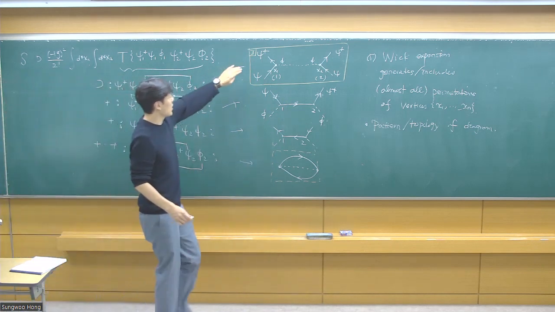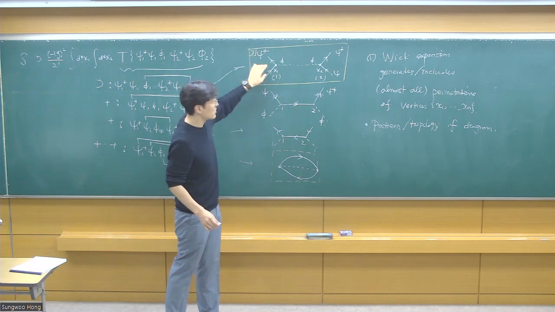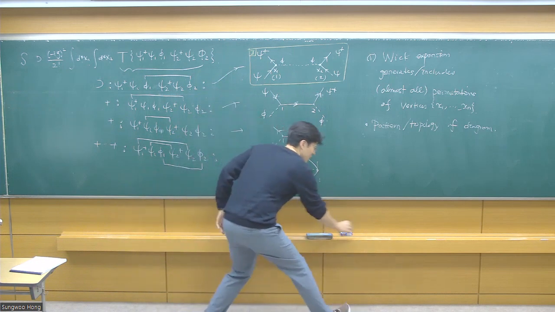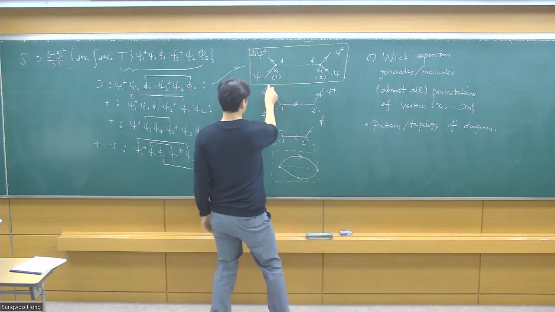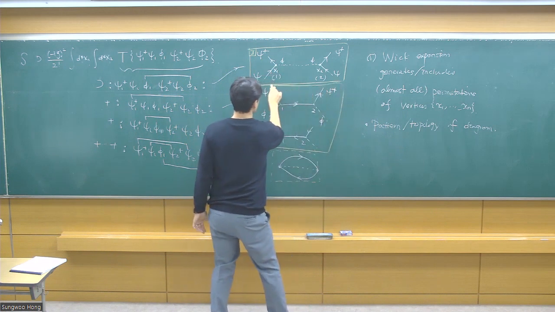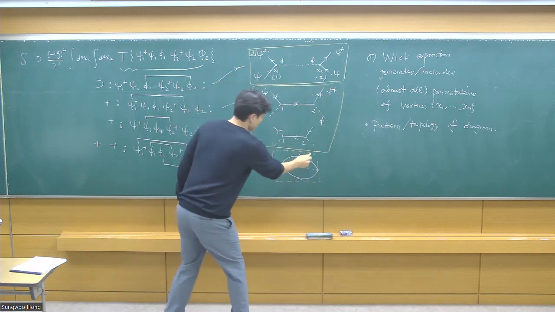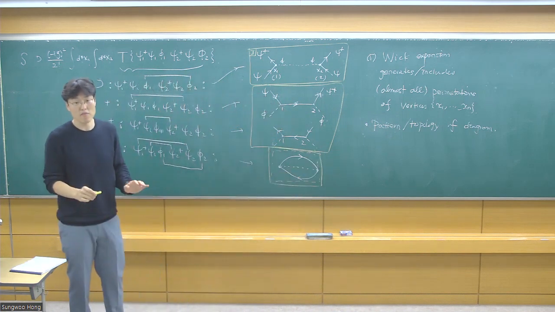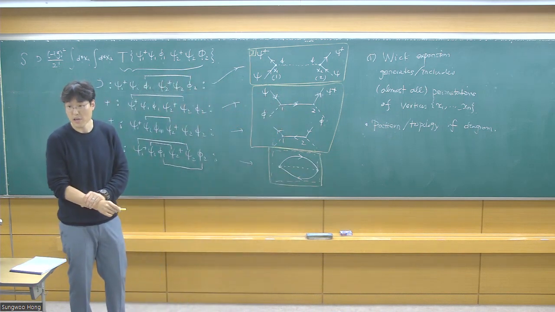So I would call this a class of pattern, a given topology of diagram. This is another, let me box it. This is the second kind of topology or pattern, and this is yet another kind of topology, which are coming from the same fixed order in correlation theory.